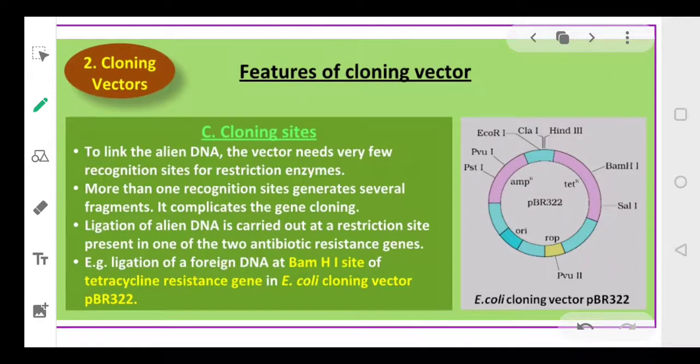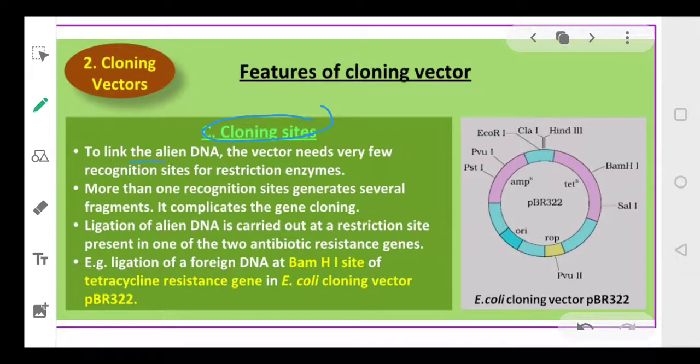Right, next comes the third point, which is called the cloning sites. Cloning site means the positions where the DNA, foreign DNA or the alien DNA can be linked. Right? तो ये वो positions हैं जहाँ आपका foreign DNA insert किया जाएगा. So those are referred to as the cloning sites.